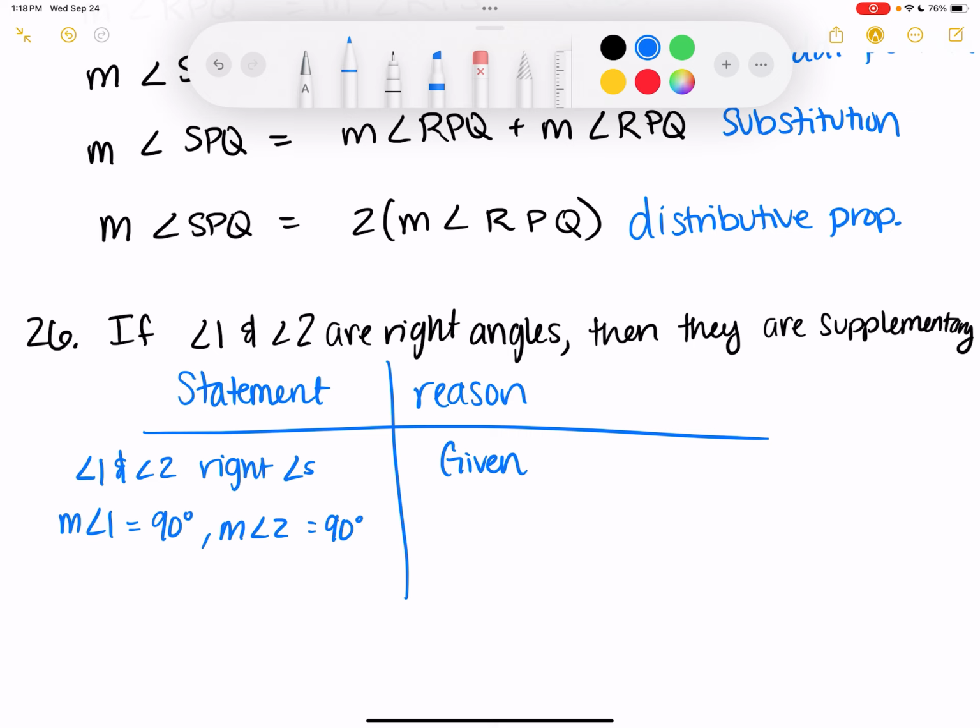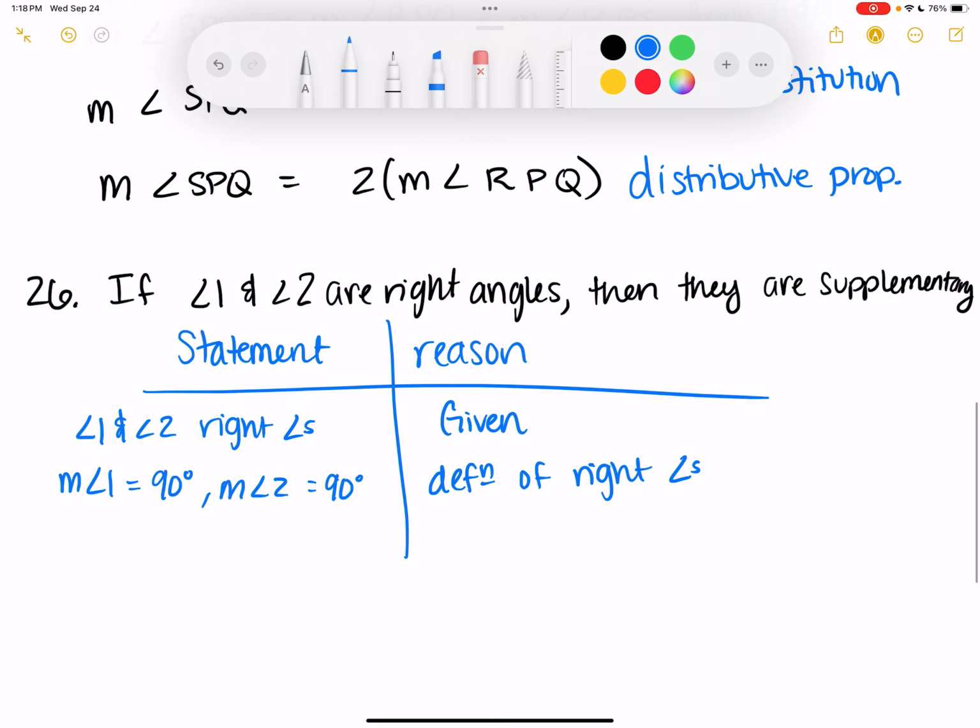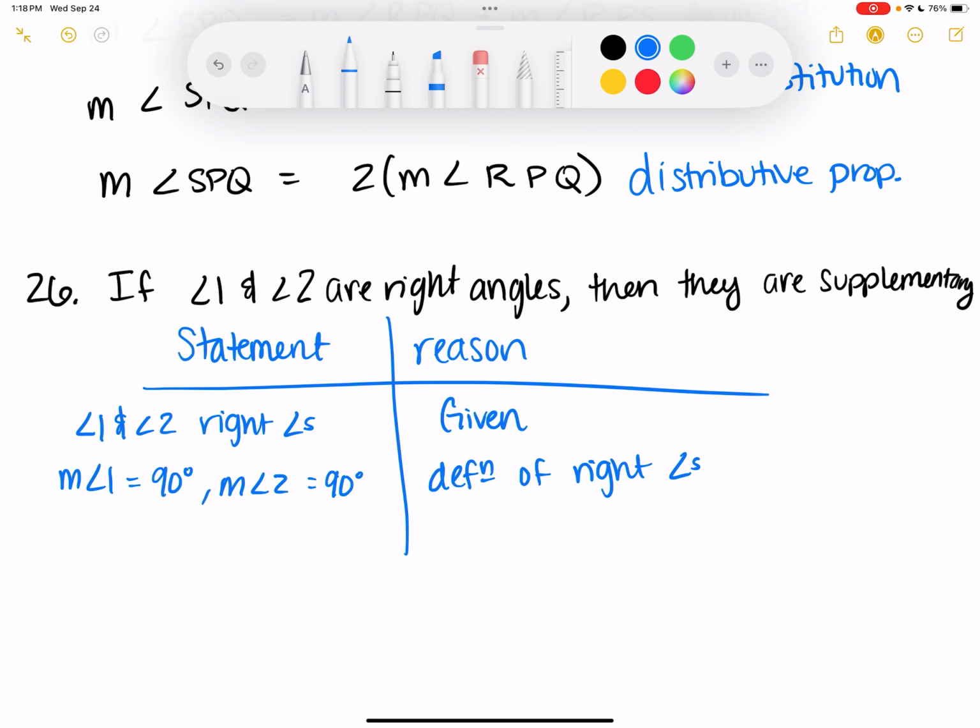This is the definition of right angles. So now I can conclude this and say angle 1 and angle 2 are supplementary.